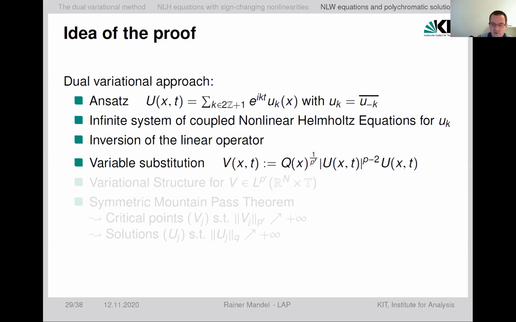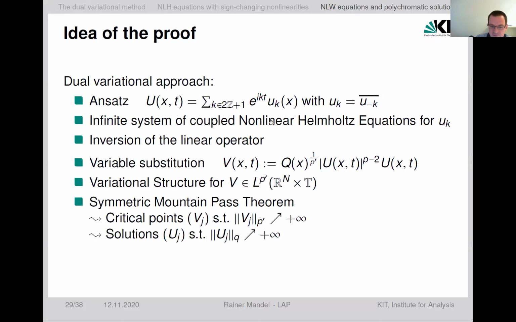And then you see you have a variational structure for this function v, and you apply the symmetric mountain pass theorem and obtain critical points and as a consequence solutions of the problem. So the strategy is again a dual variational one. So the main difference now is that we do not consider one mode, but infinitely many of those. This is the main thing here.